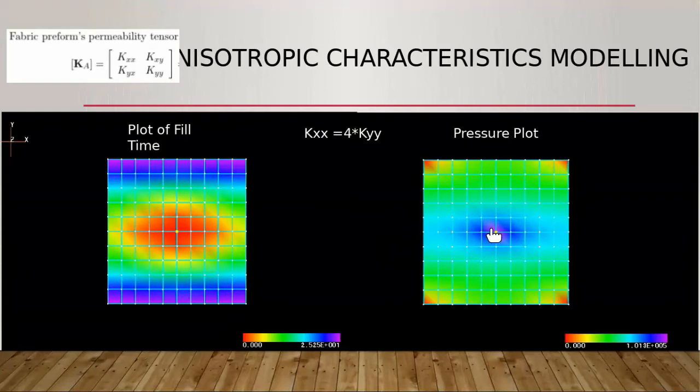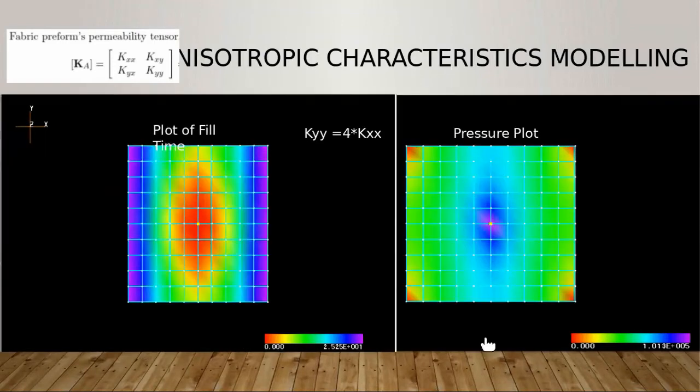When there is more permeability in the x direction, the flow tends to fill up fast along the x direction, and then move on to the y direction. Similarly, you will observe vice versa. When your kyy is greater than kxx, you see the resin flowing faster in the y direction, and then slower along the x direction.